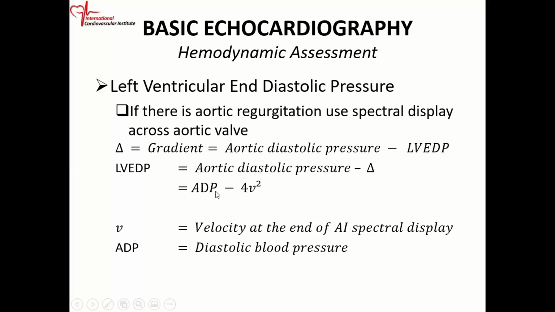And again, the gradient is 4V squared. The aortic diastolic pressure is the same thing as the diastolic blood pressure. So you just substitute that in there.